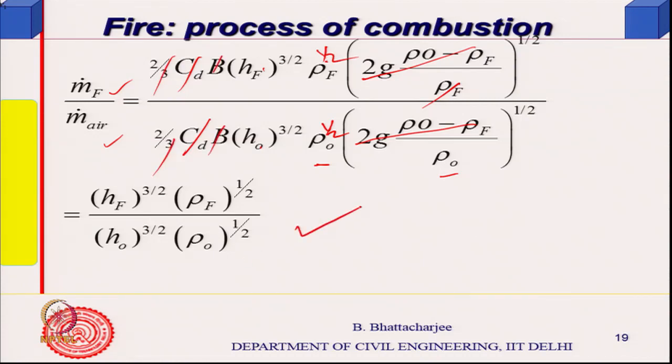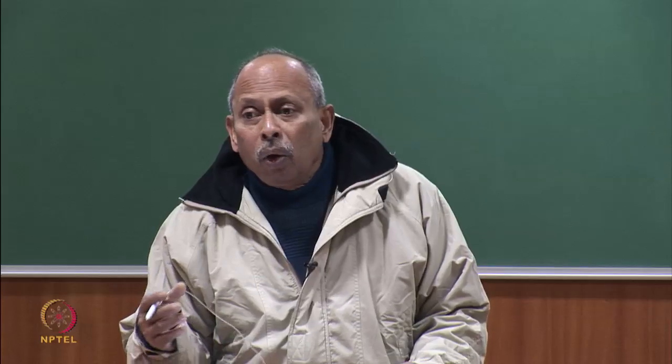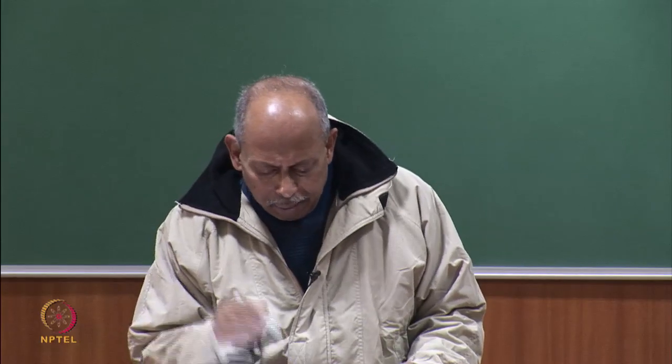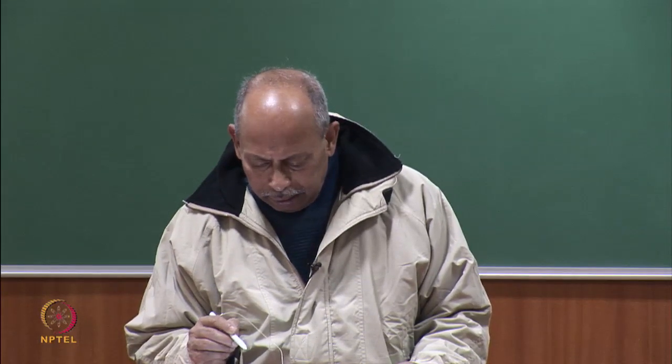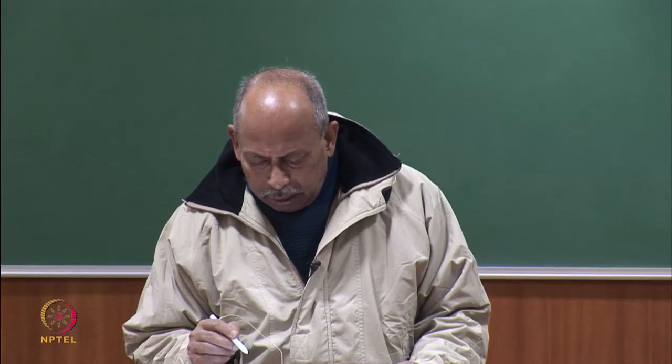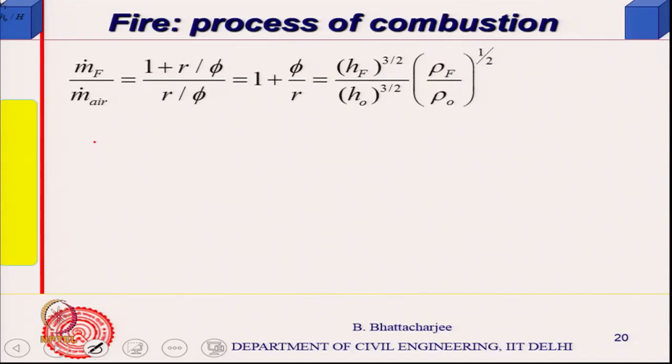So, I am left with this. This is the mass flow rate of hot gases outside by the mass flow rate of air inside. This ratio must equal 1 plus r divided by phi r, because this is the total product of hot gases.